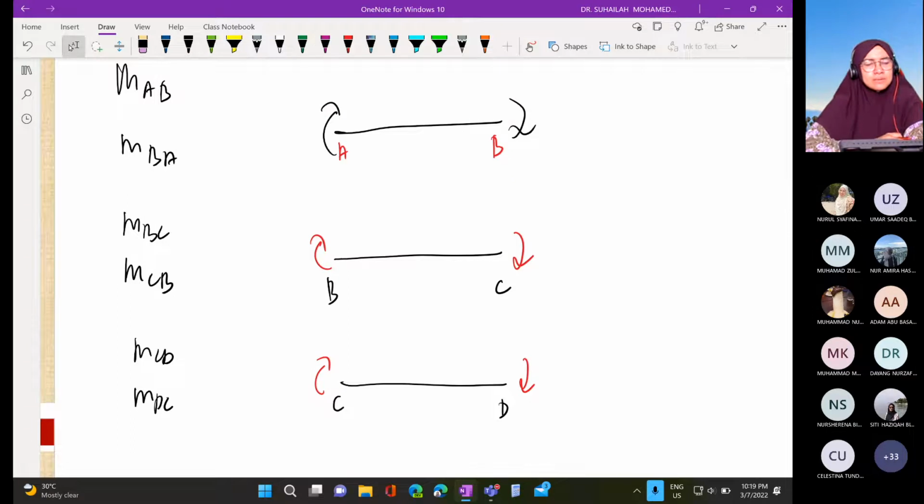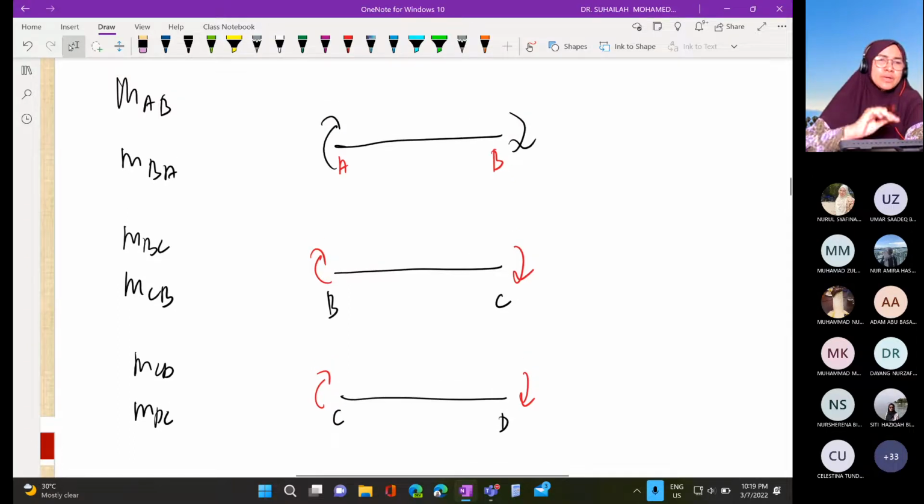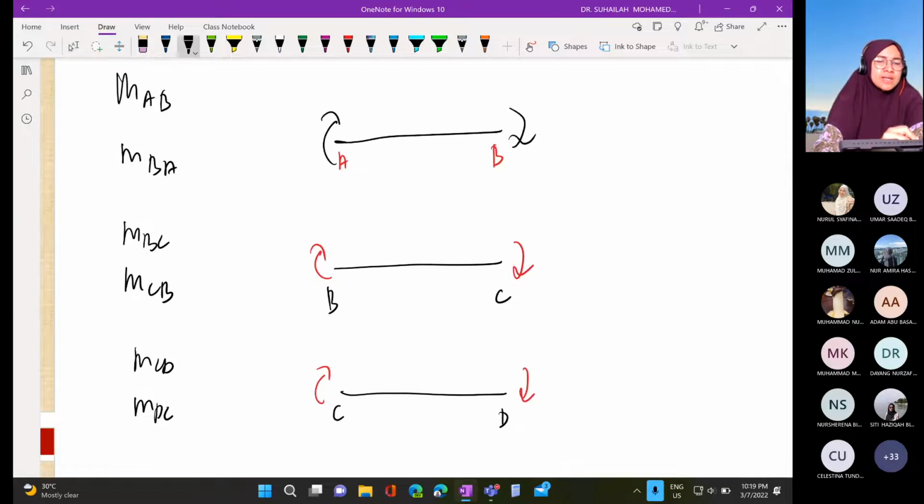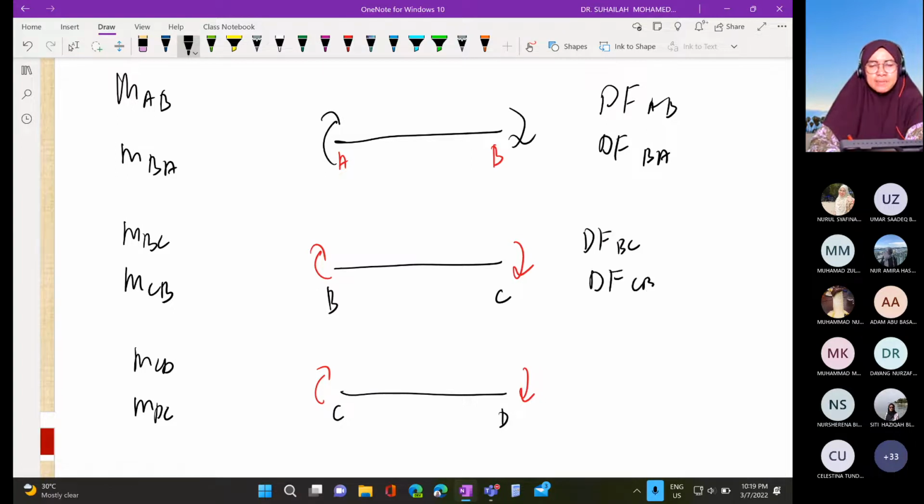So in total we will have distribution factors like this: DF AB, DF BA, DF BC, DF CB, DF CD, DF DC.